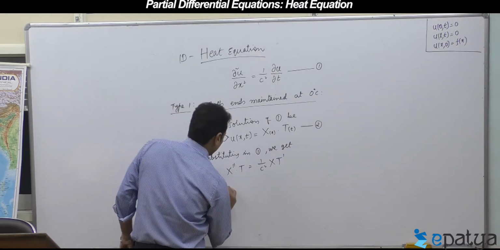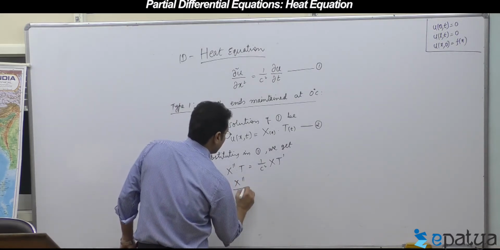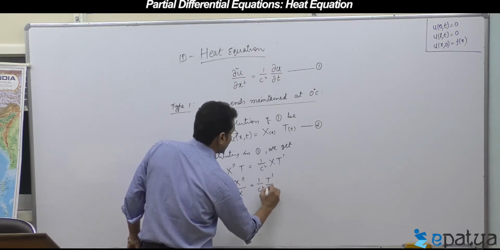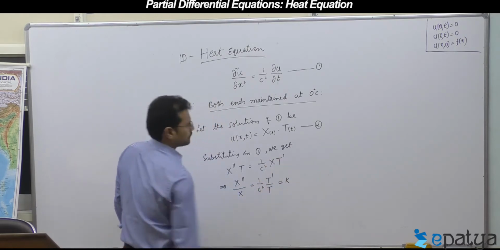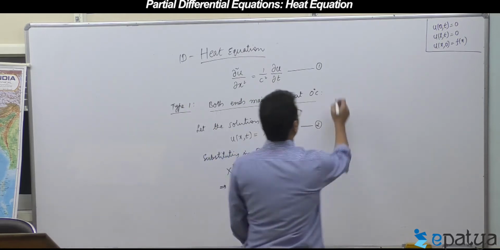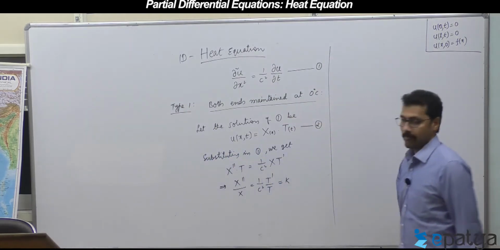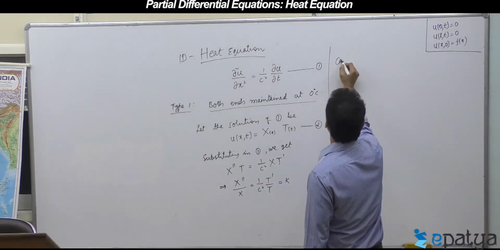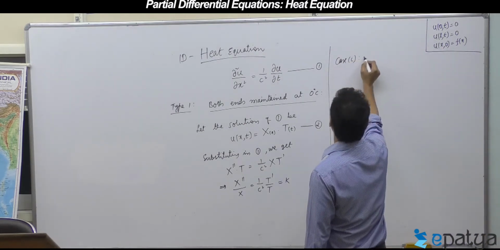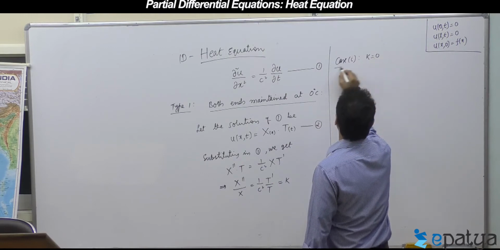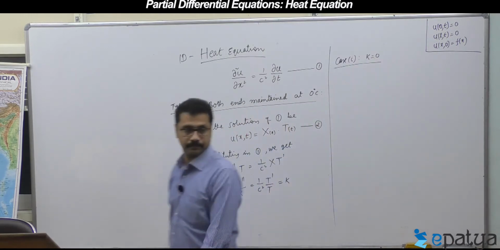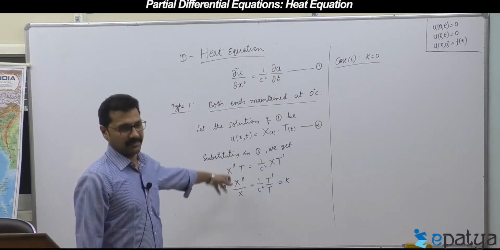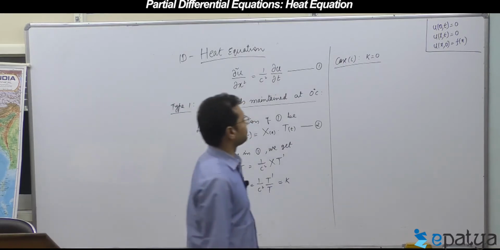So this also implies X double dash by X is equal to 1 by C square T dash by T, let it be equal to K. Case 1: K equal to 0, same thing like yesterday's.